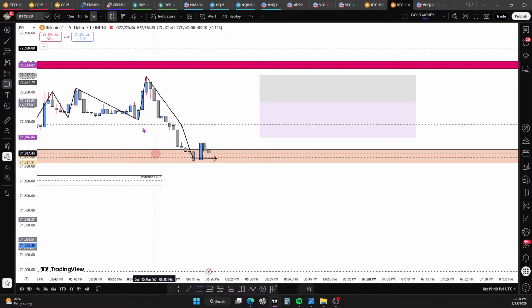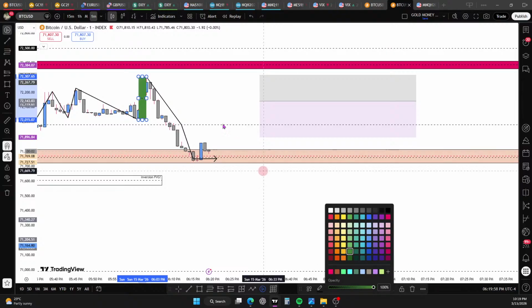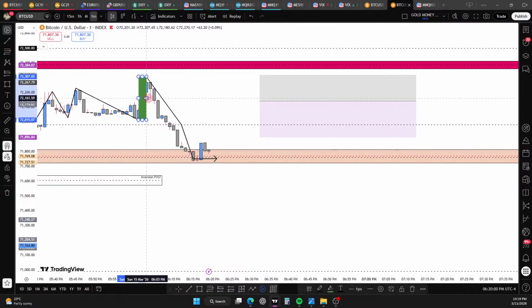So what you could do with this order block is take the low to the high, and then you could take this order block and stack it once and twice, potentially twice here.